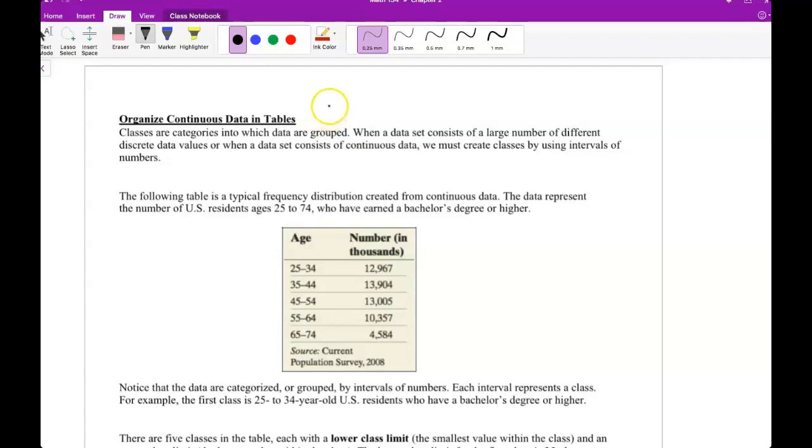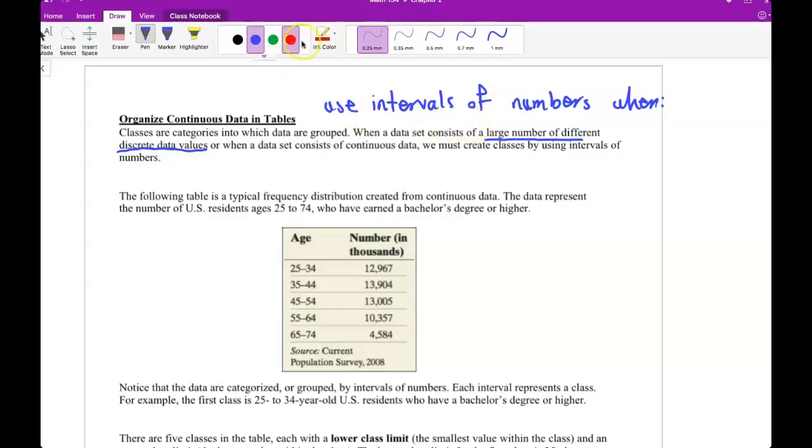So here, use intervals of numbers when our data set consists of large number of different discrete data values.